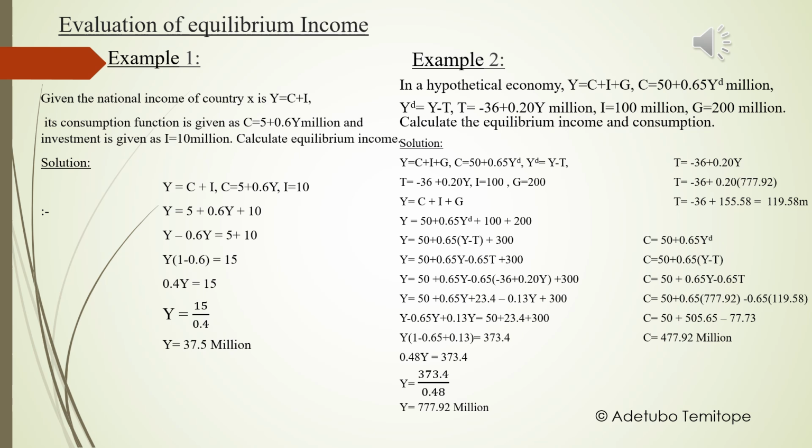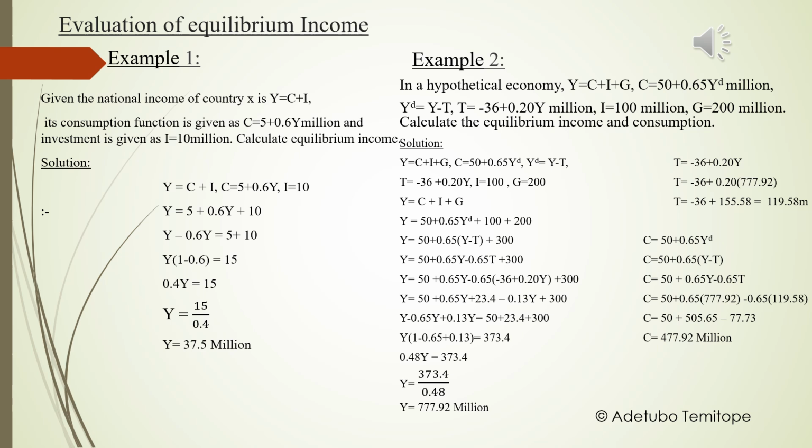So the income function, which is Y = C + I + G, when you substitute the consumption, the investment, and the government spending into the model, we have Y = 50 + 0.65 YD + 100 + 200. So when we substitute the disposable income into the model, we have Y = 50 + 0.65(Y - T) + 300.